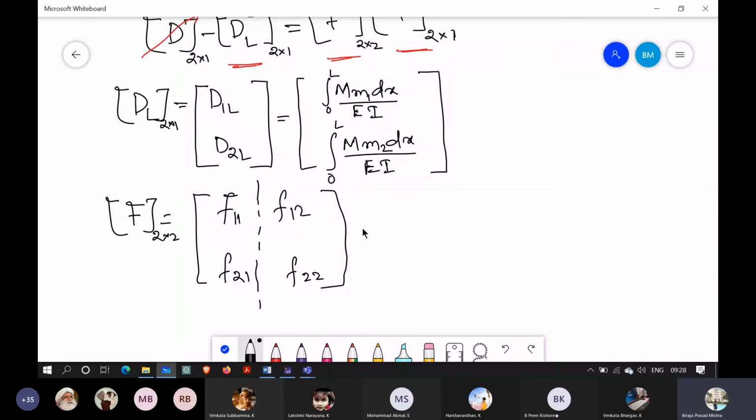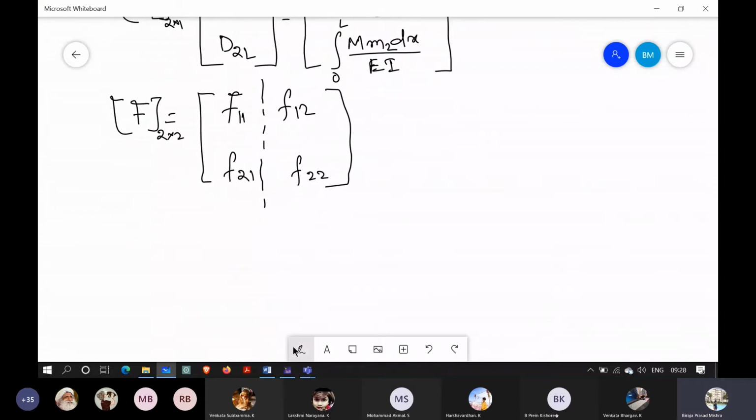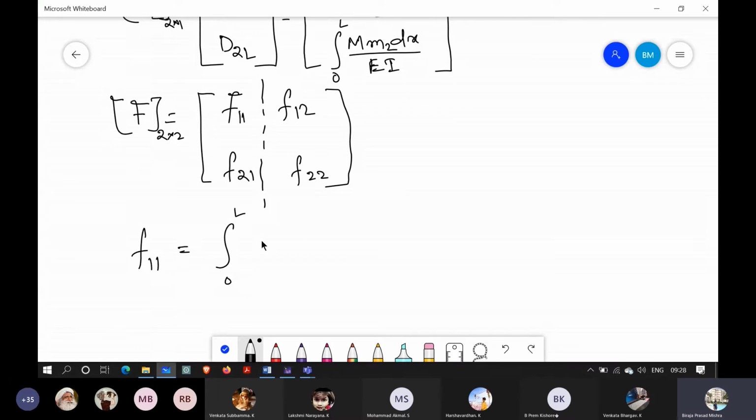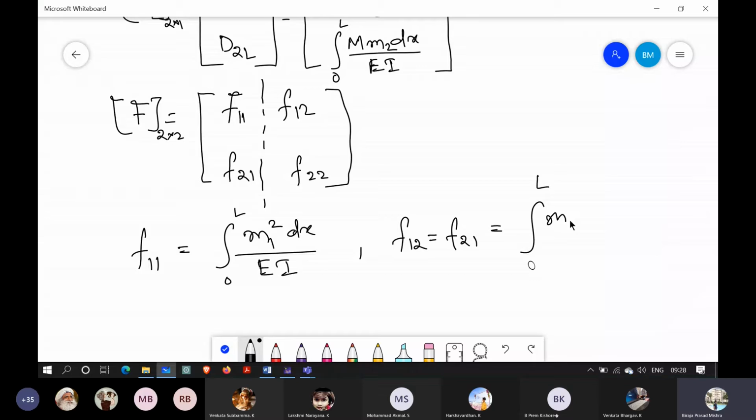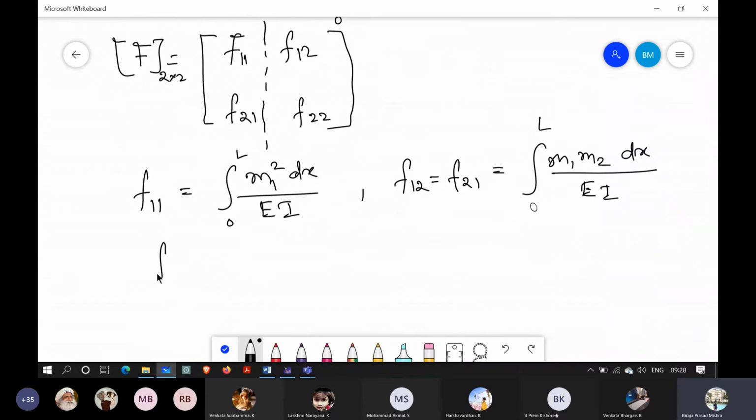Where f11 is integration 0 to L of m1 square dx by EI, f12 equals f21 equals integration 0 to L of m1 m2 into dx by EI, and f22 equals integration 0 to L of m2 square dx by EI.